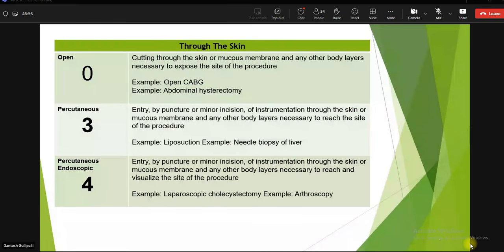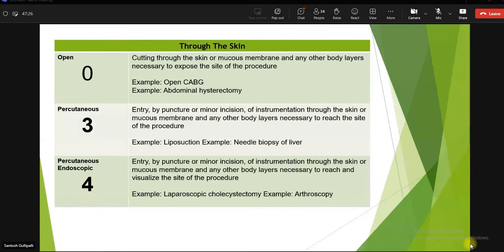Arthro means joint. So procedures at joint level, like arthroscopic knee meniscectomy, arthroscopic shoulder capsulorrhaphy or arthroscopic shoulder rotator cuff repair. When procedures are performed with the help of arthroscopy, we consider the approach as percutaneous endoscopic approach.